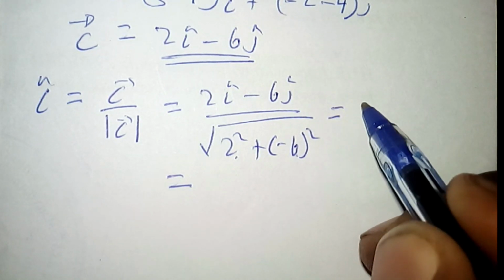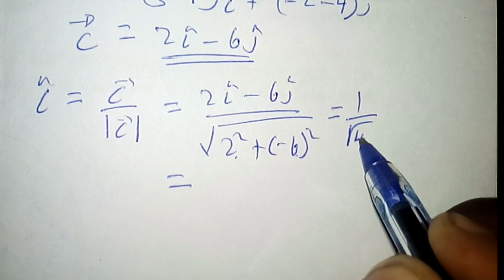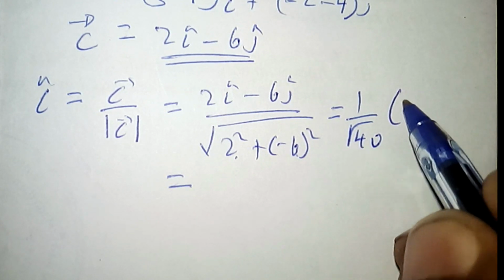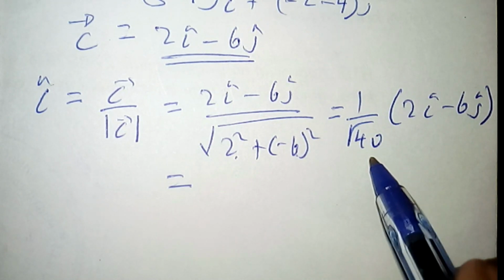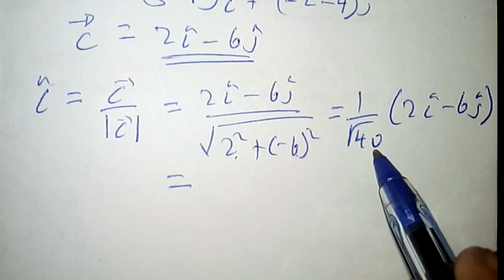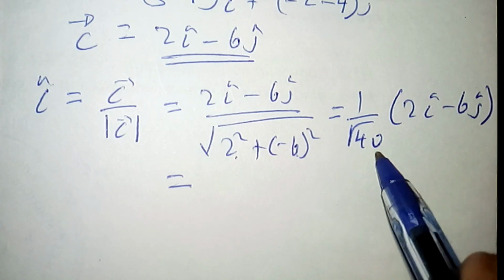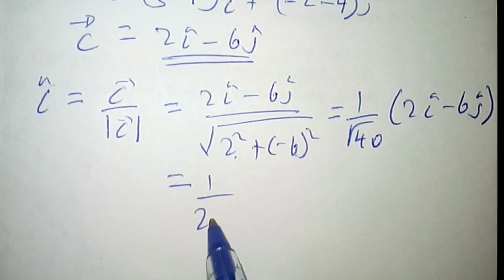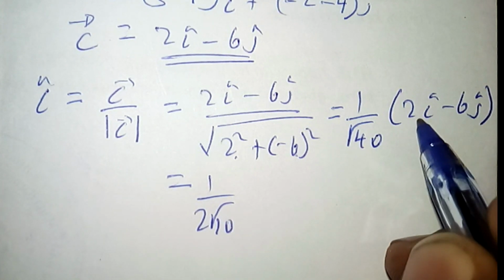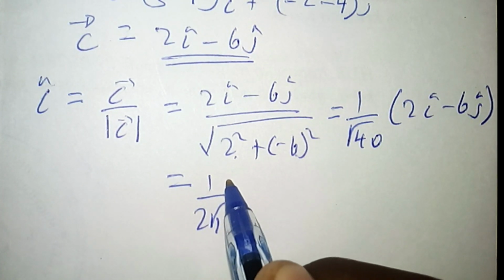So this is equal to 1 over root 40 into 2i minus 6j. But still we can simplify this. Root 40 is root of 4 times 10, so root 10 times 2, this is 1 over 2 root 10. And also we can take 2 as common.